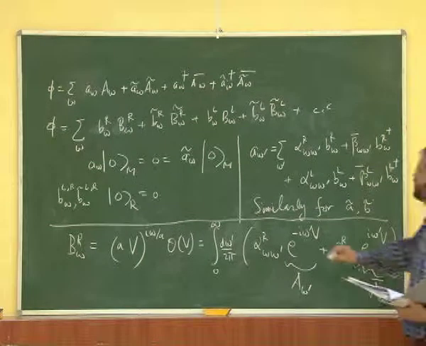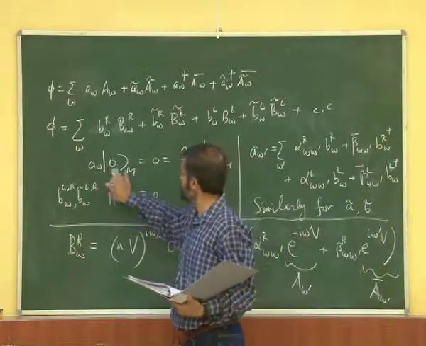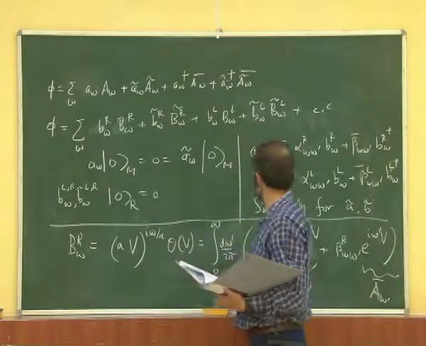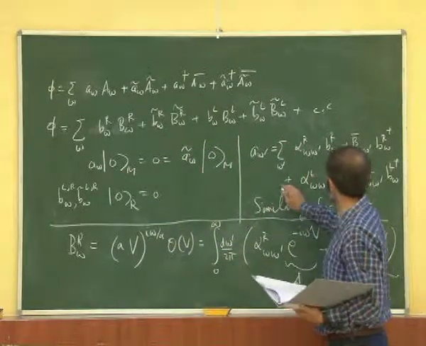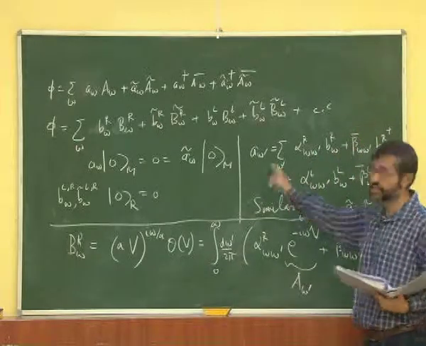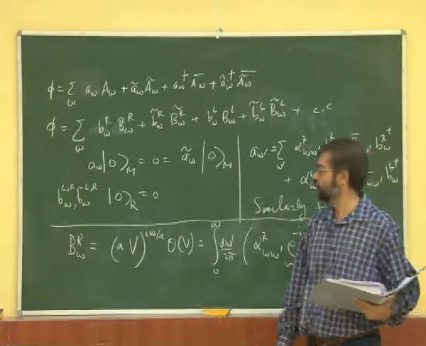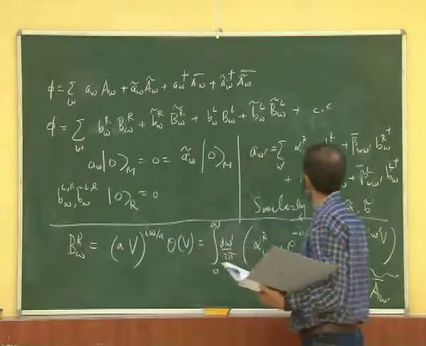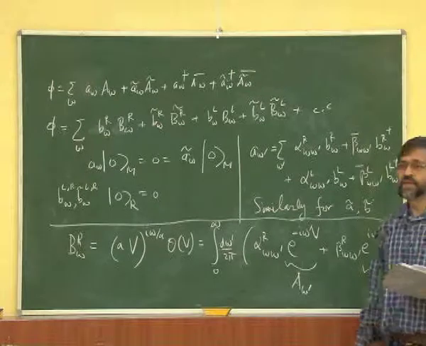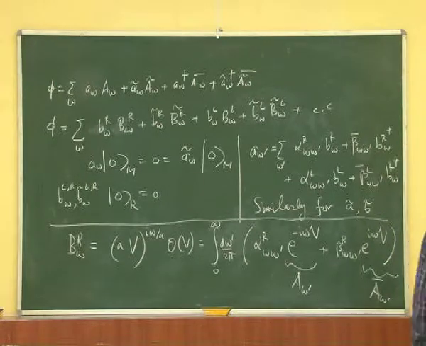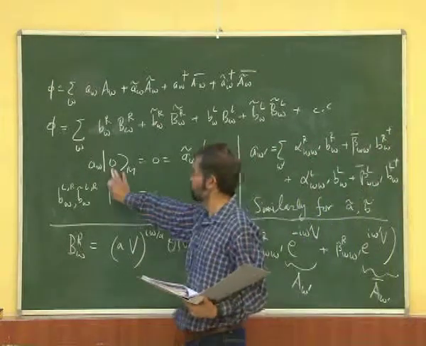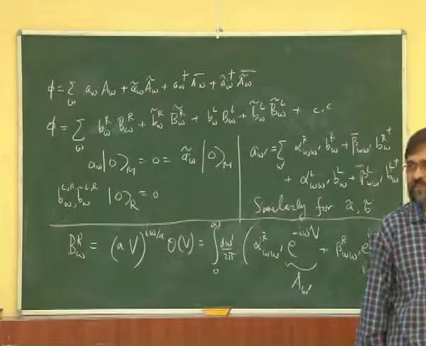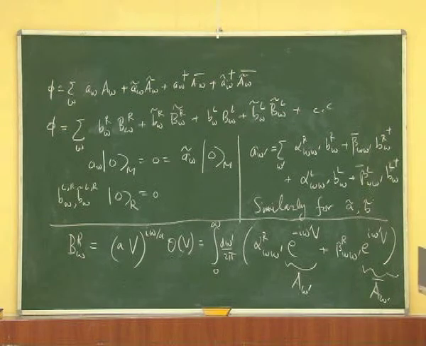Now, the Minkowski vacuum is given by A omega acting on this state equal to 0. So this entire bunch acting on the Minkowski state is equal to 0. It's inadequate to solve for this state 0 in terms of the Rindler oscillators. Suppose I write that equation.